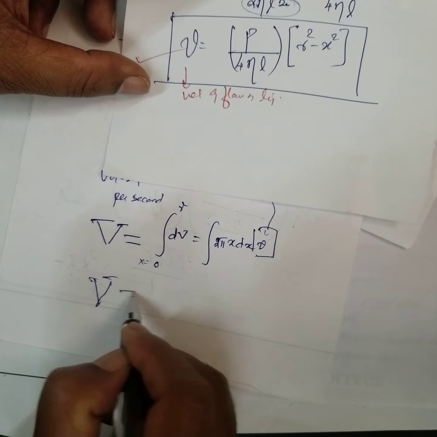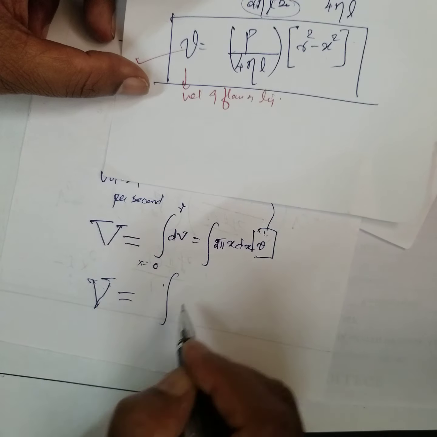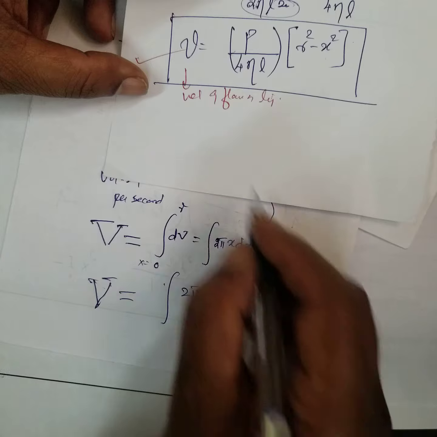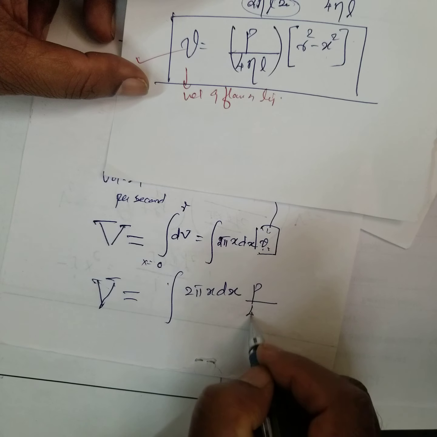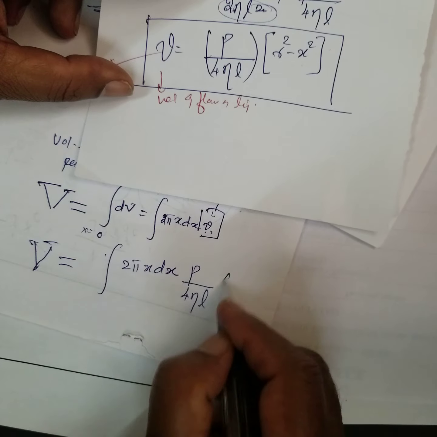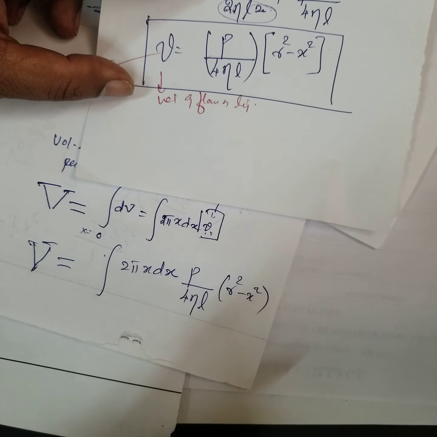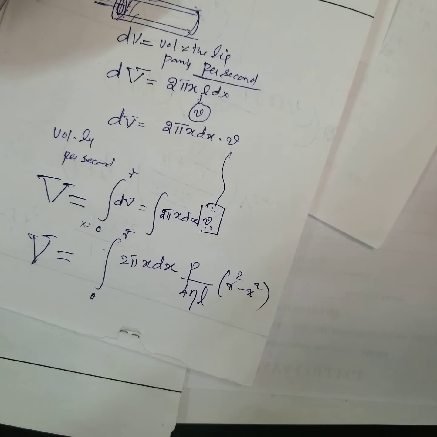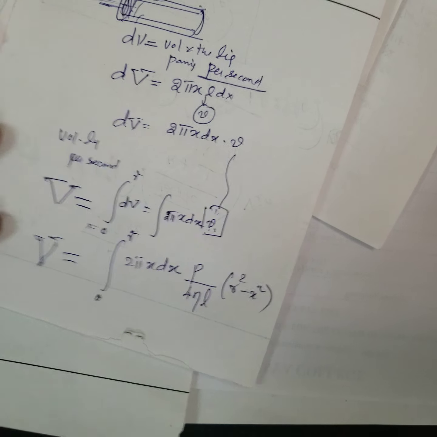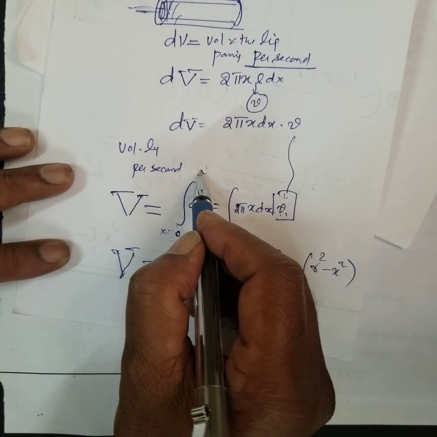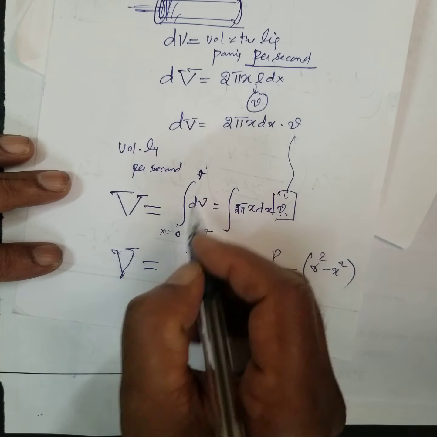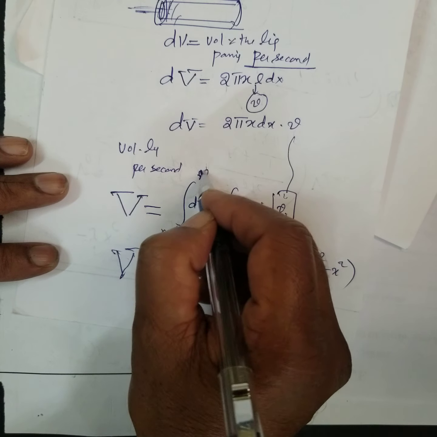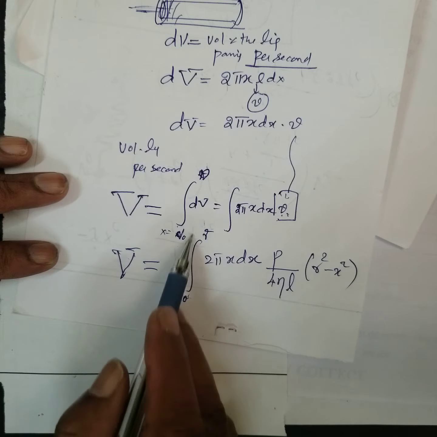Therefore, 2 pi x dx, where v is equal to p by 4 eta l into r square minus x square, from 0 to r. Actually, v means from 0 to maximum v; when x equal to 0, v is maximum. No problem, you do it like this itself.